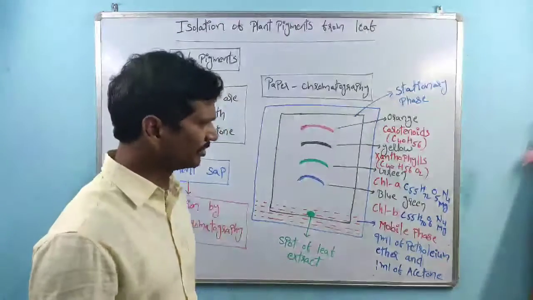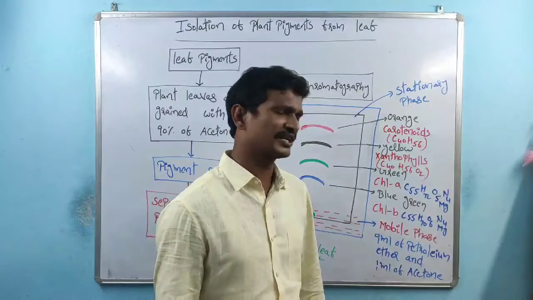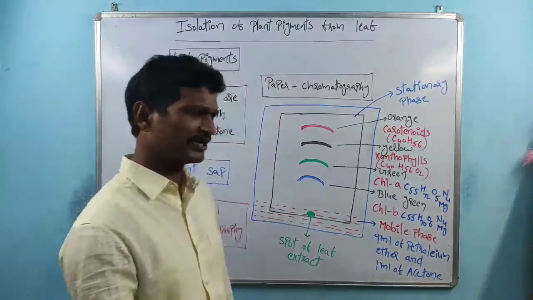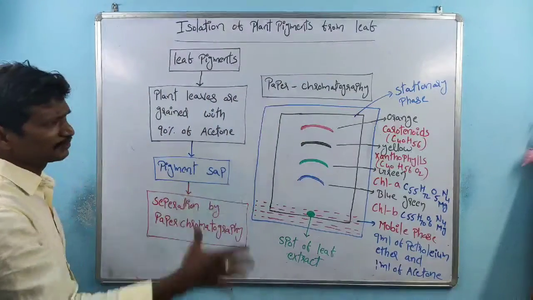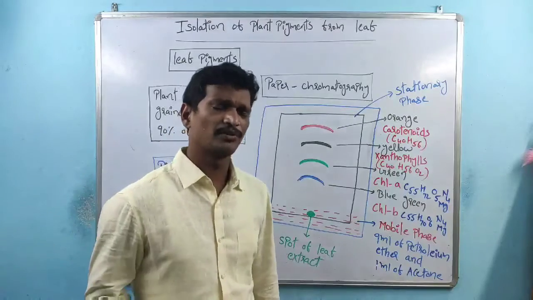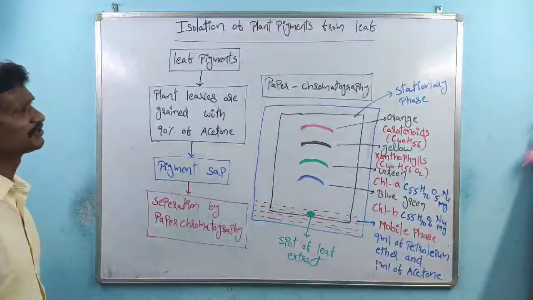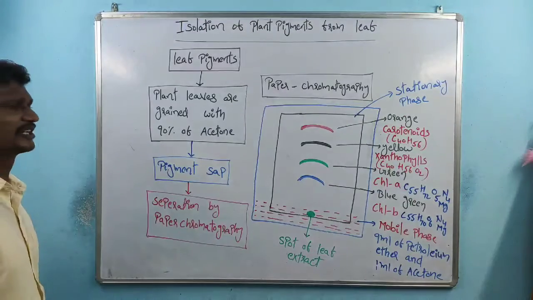Remaining all are the same. The only difference is in the hydrogen atoms and the oxygen atoms. So that is about the 4 colors of bands, the 4 pigments, and the separation of plant pigments by the paper chromatography technique.